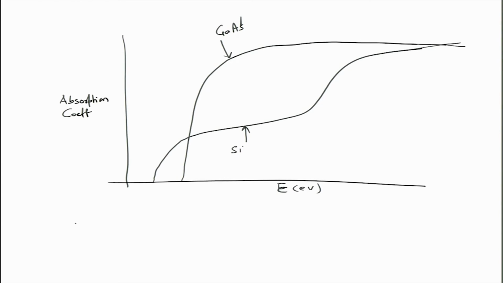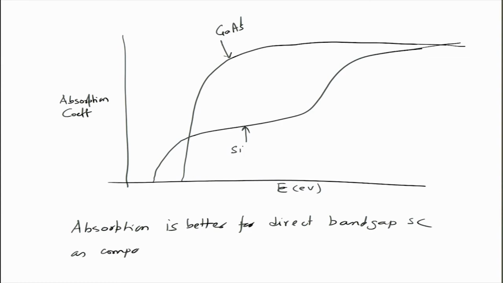Generally, absorption is better for direct band gap semiconductors as compared to indirect band gap semiconductors.